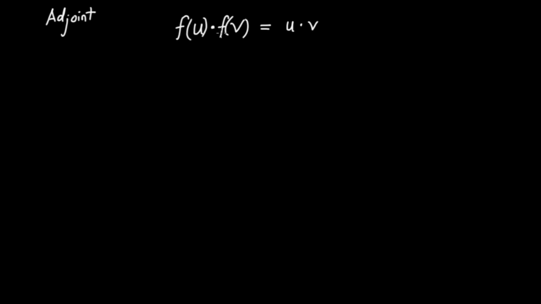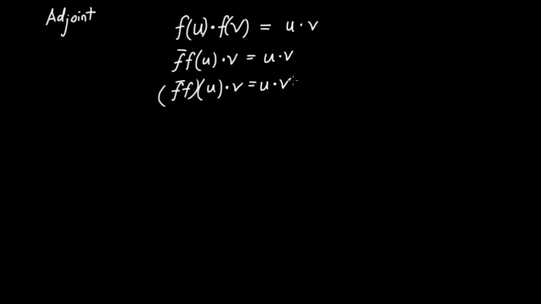We use the definition of adjoint to bring this f over there to operate upon that vector. So we have f bar f operating upon u dot v is equal to u dot v. This is equal to f bar f, the composite acting on u dotted with v, equals u dot v. Now, if u and v are just arbitrary vectors, then this operator right here must be the identity operator, since it's just 1 over here.